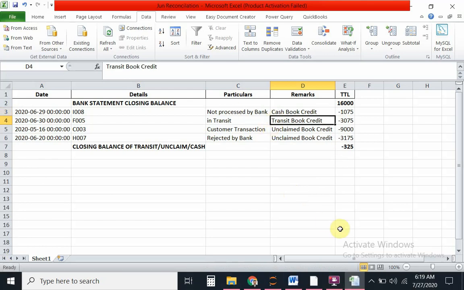In the transit account, 3,075 is lying in the transit account. We received the money from the customer, but we have not paid the beneficiary, and in this amount, we have not processed it. In these three amounts, it has been rejected or sent back by the bank, but we have still not paid the customer.